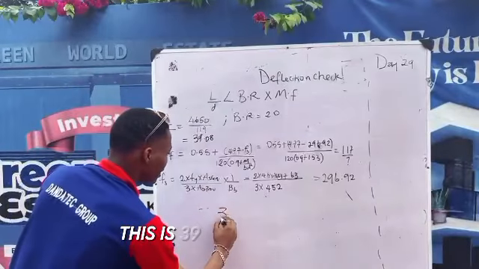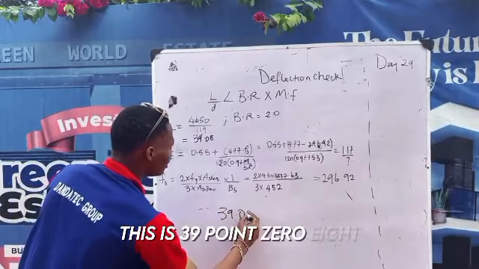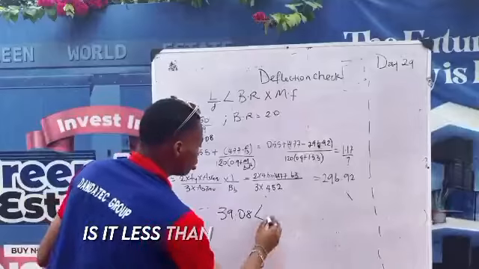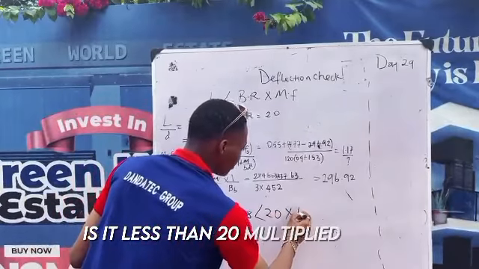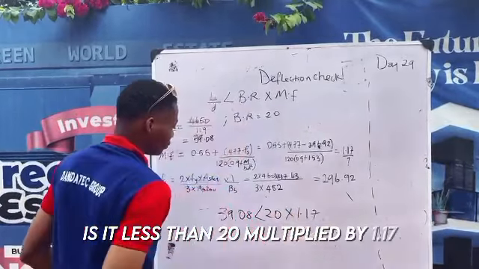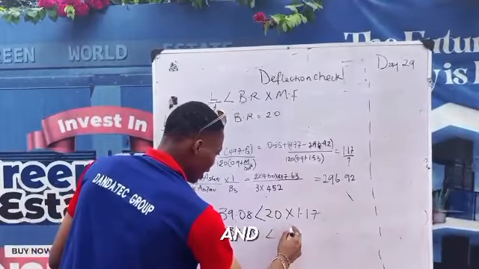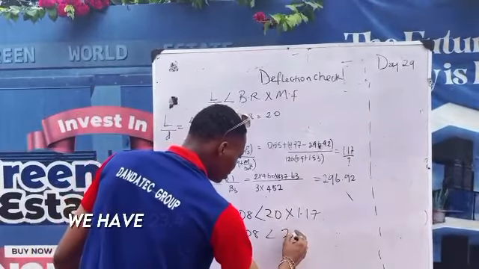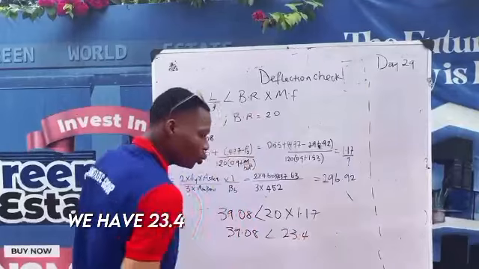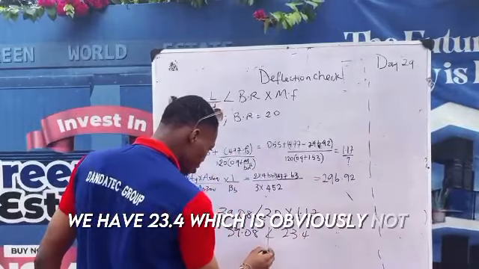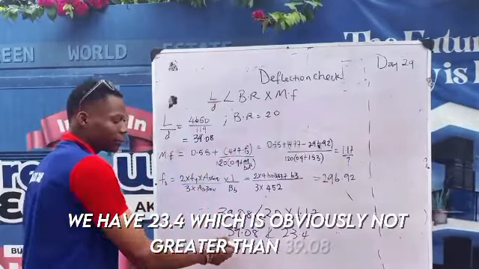This is 39.08. Is it less than 20 multiplied by 1.17? Computing this we have 23.4, which is obviously not greater than 39.08.